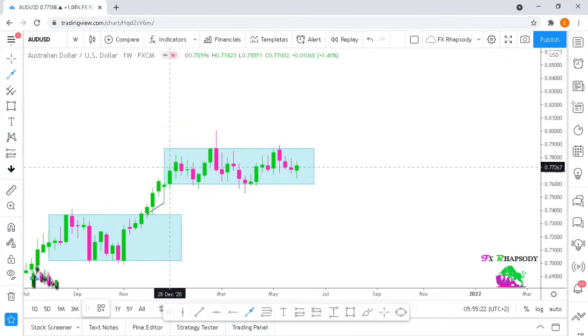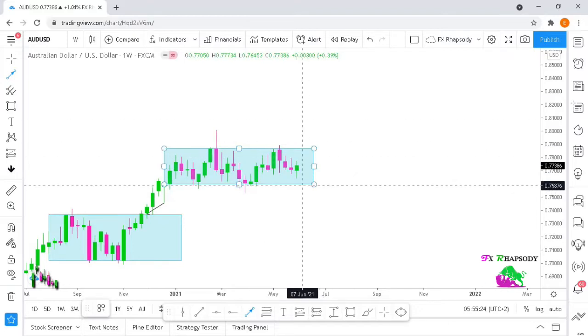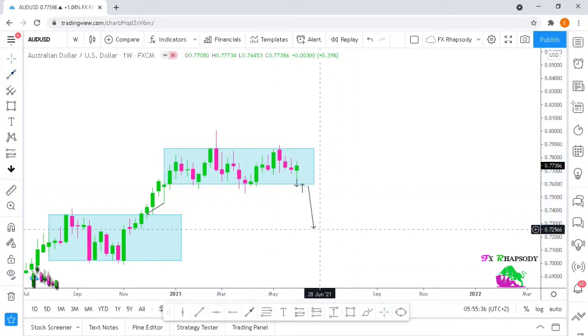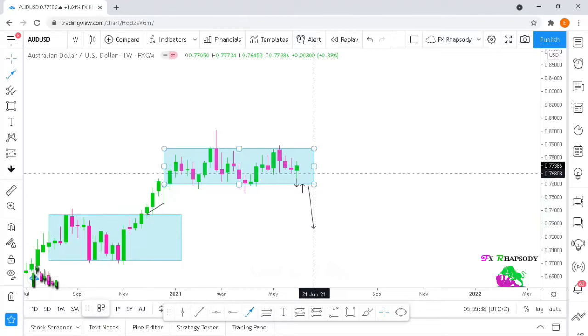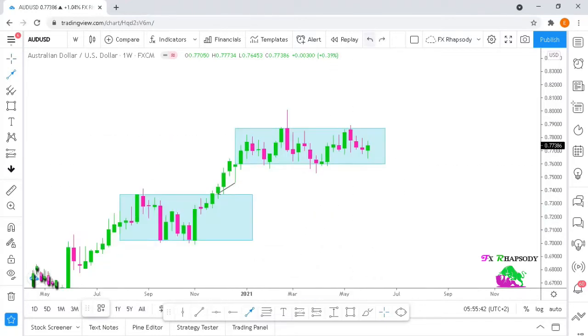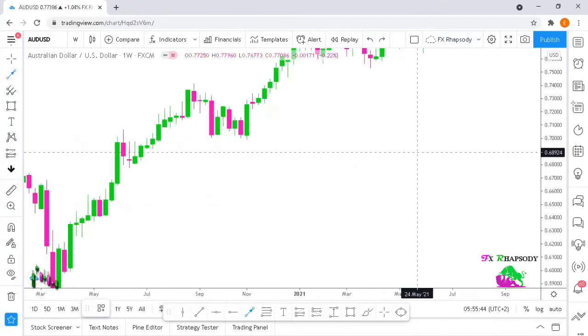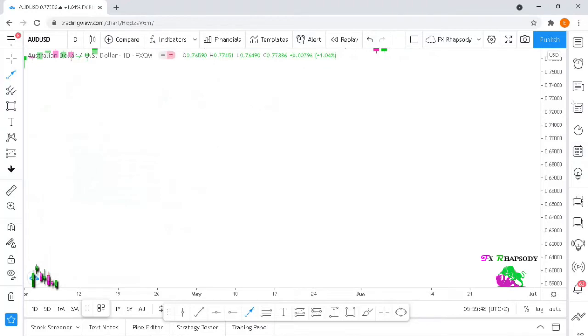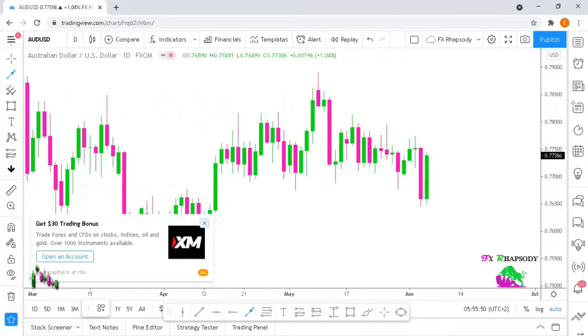So what we're waiting for is either a break below this box or outside this box, that retest, and then sell for the big movement to the downside. Or it could go up, it can break the box at the top. But yeah, that supply zone is definitely a big one. So obviously a lot of people are waiting for the sell.